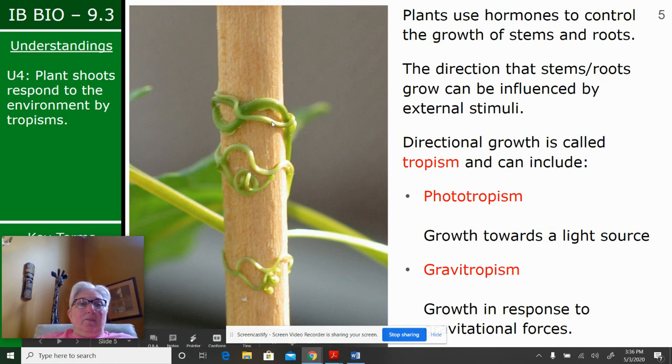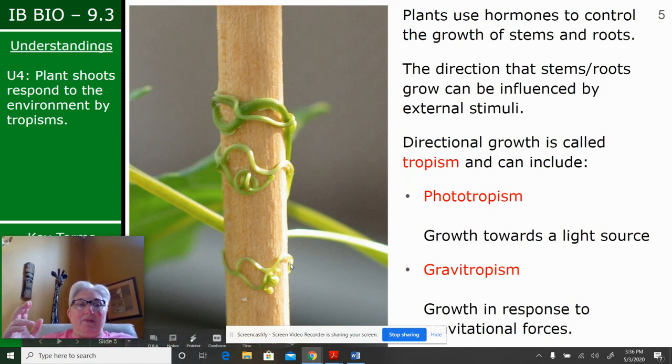So because our phototropism is we're going toward the light with the stem, that is what we consider to be a positive tropism. And down in the root system, because the roots are moving away from the light and growing that way, what we find is that then is a negative phototropism.